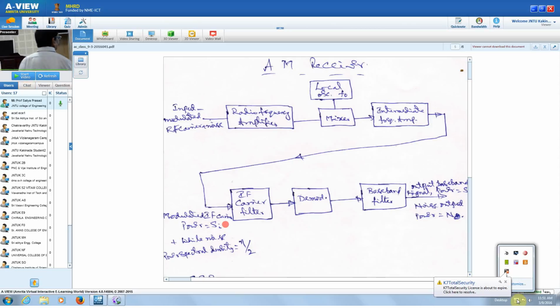Then you have a demodulator baseband filter, whose bandwidth, depending on the modulation process, also has to be decided, as 2 FM or FM. The output of this is your required value: the output baseband signal power is S naught.